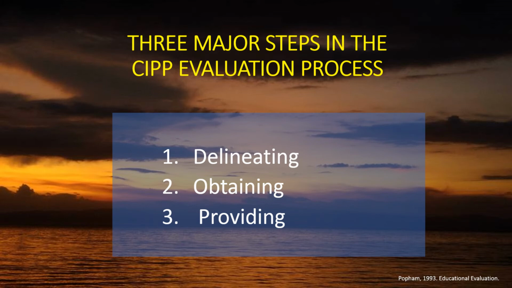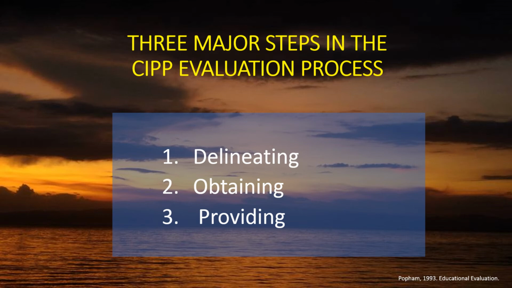Delineating refers to focusing of informative requirements needed by decision makers through such operations as specifying, defining, and explicating. Obtaining refers to collection, organization, and analysis of information using such technical procedures as measurement and statistics.